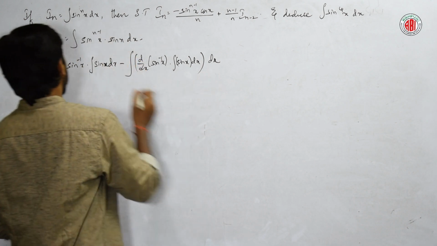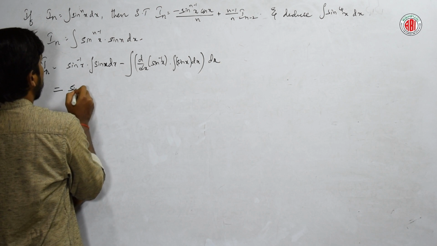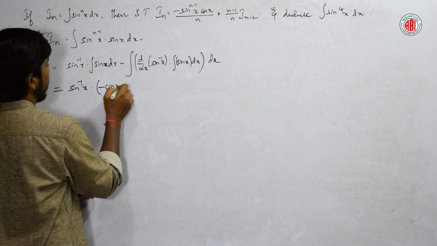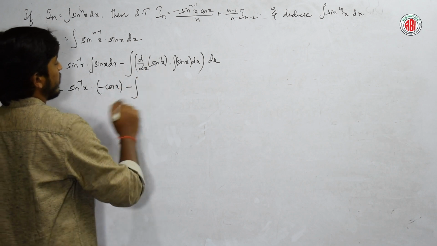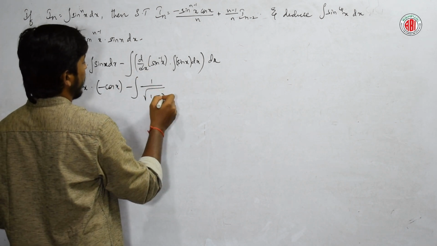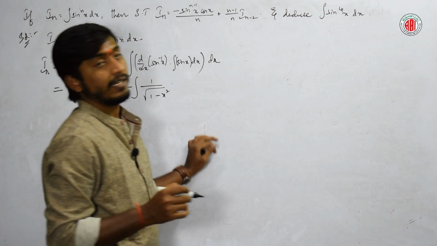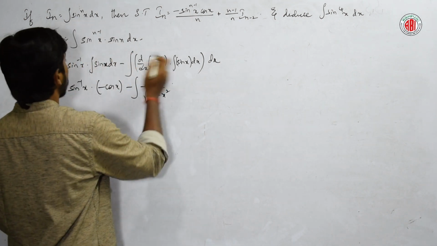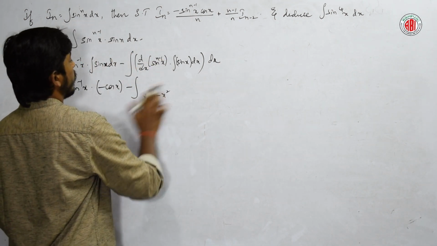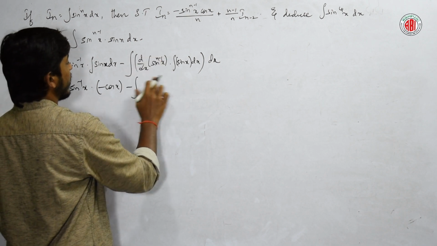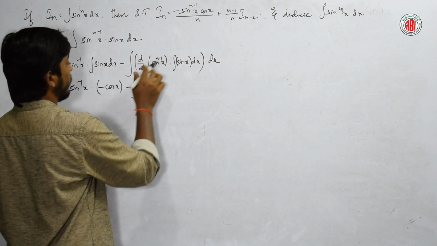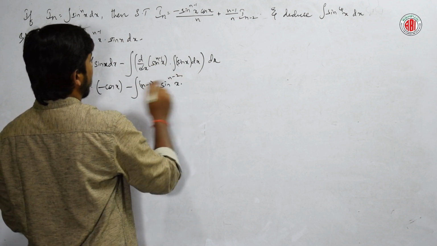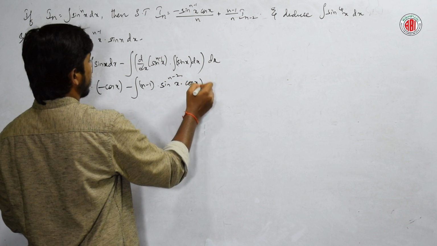Okay. So, sin power n minus 1 x into the integral of sin x, which is minus cos x, minus the integral of the differentiation of sin power n minus 1 x. Yes or no? This is n minus 1, right? So, the differentiation of sin power n minus 1 is nothing but n minus 1 into sin power n minus 2 x into the differentiation of sin x, which is cos x.